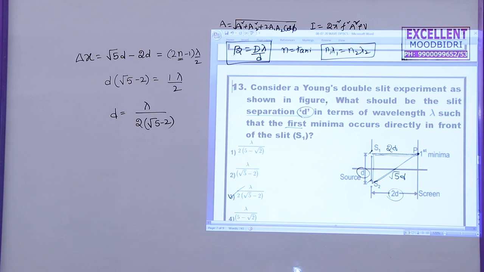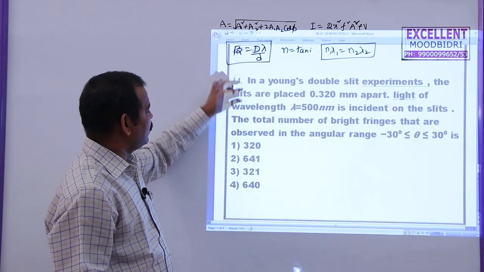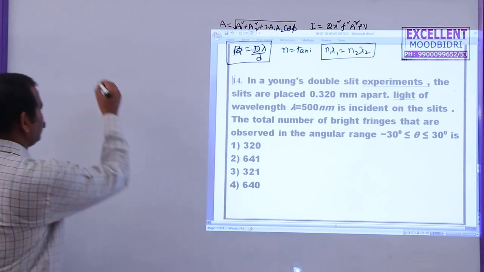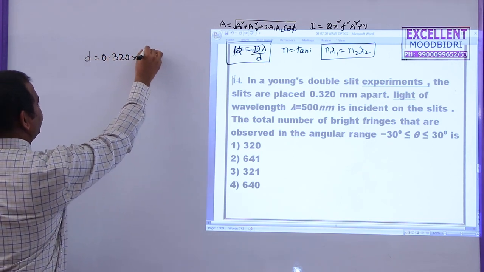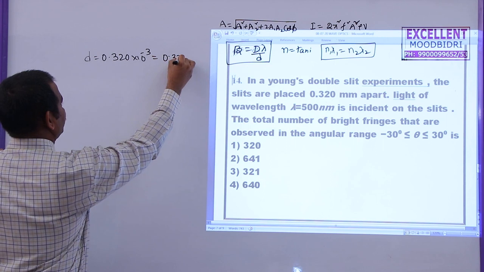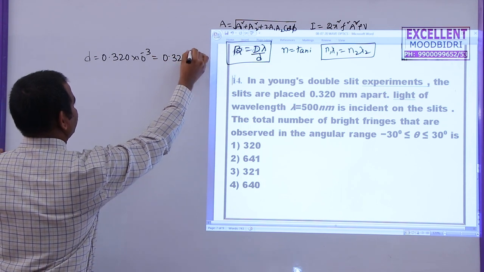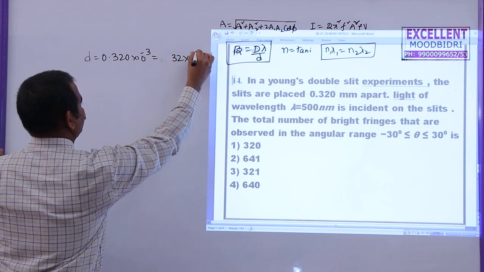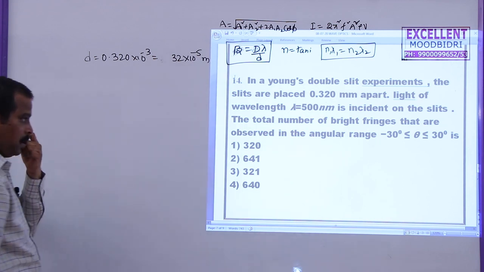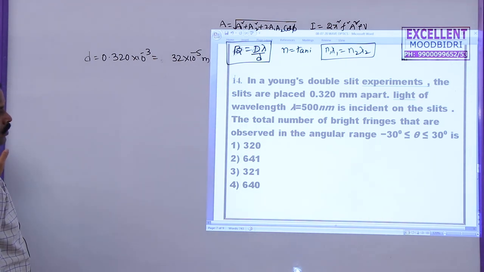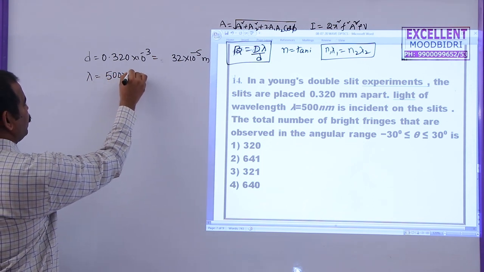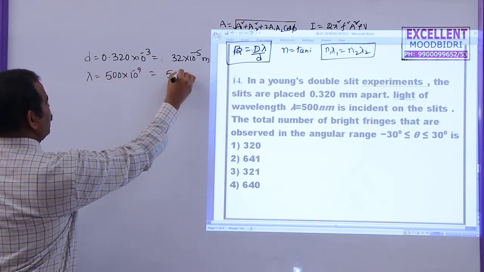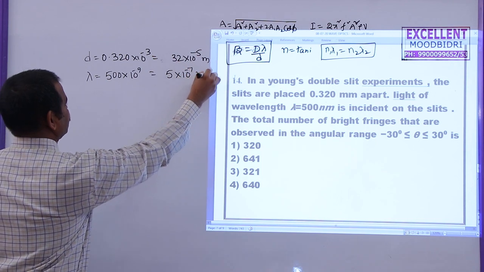Option 3 is correct. In YDSE, the slits are placed at small d equal to 0.32 into 10 power minus 3, which can be written as 32 into 10 power minus 5 meters. The wavelength is given as 500 nanometers, 500 into 10 power minus 9, or 5 into 10 power minus 7 meters.